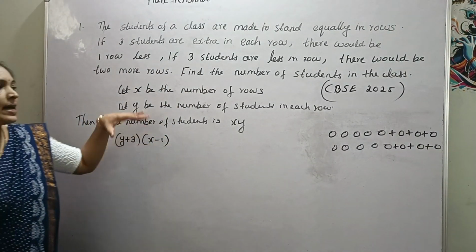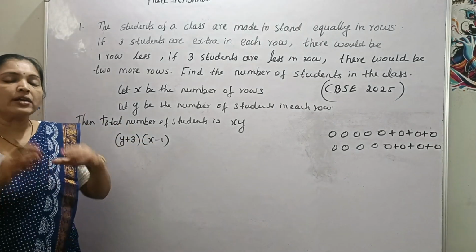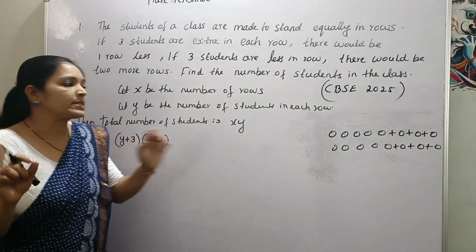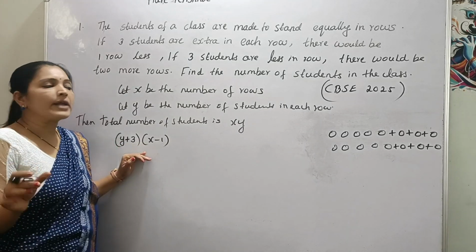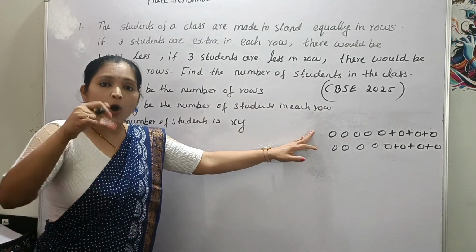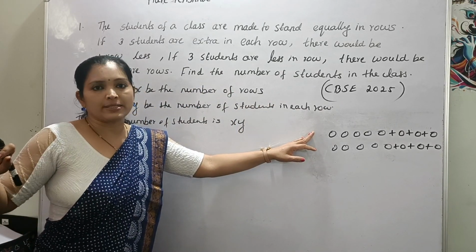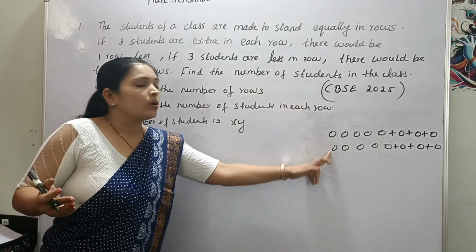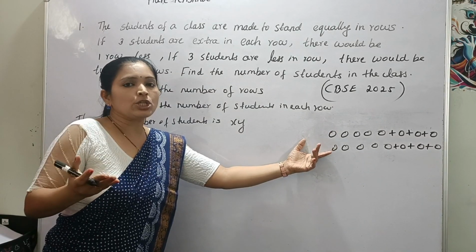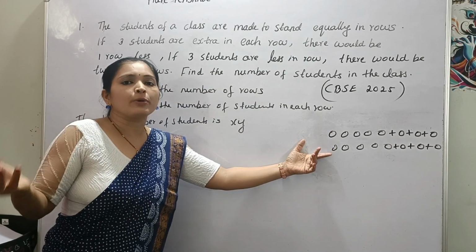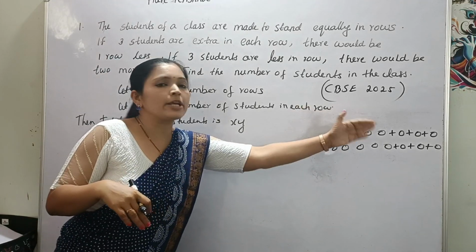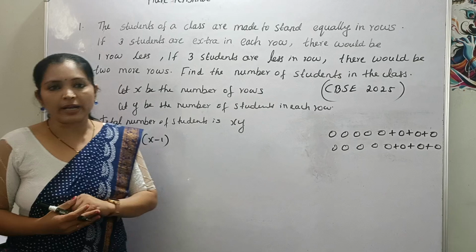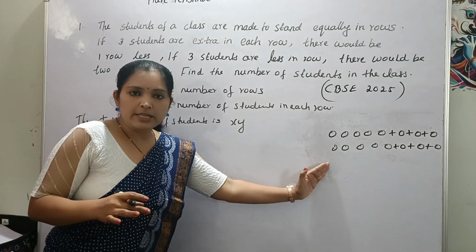Understood? Initially there were y number of students in each row. Now y plus 3 students in each row. And how many rows? 1 row will be less. Initially it was x rows, and after adding 3 students in each row, one row will be less. That means x minus 1 rows.